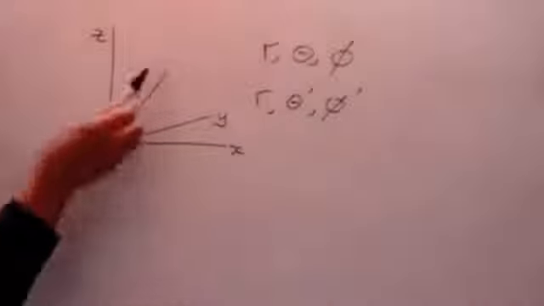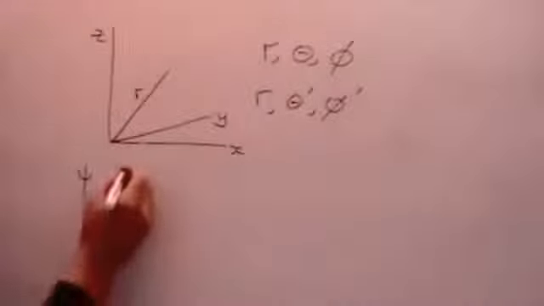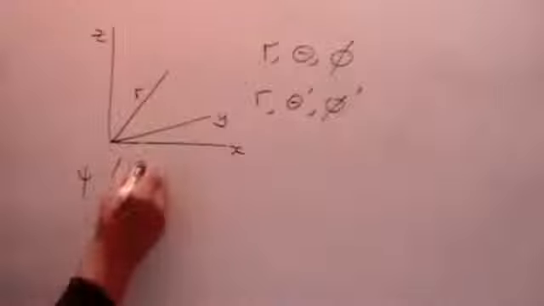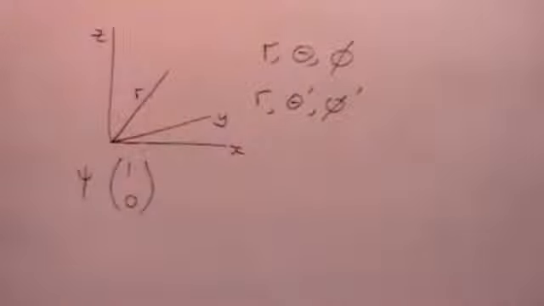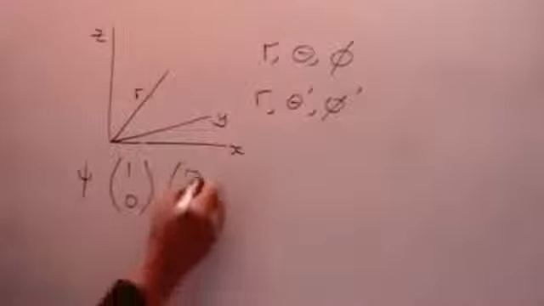And in quantum mechanics concepts, specifically in the third video that I produced, we showed that there are various spin states, which represent the axis of the spin, which we call psi. And for example, the up state we said was (1, 0). The down state was (0, 1).